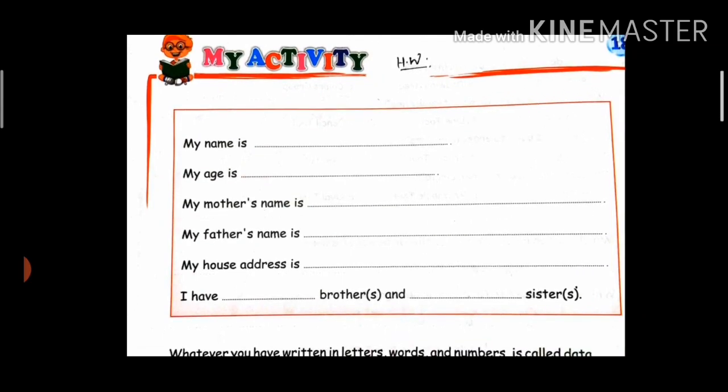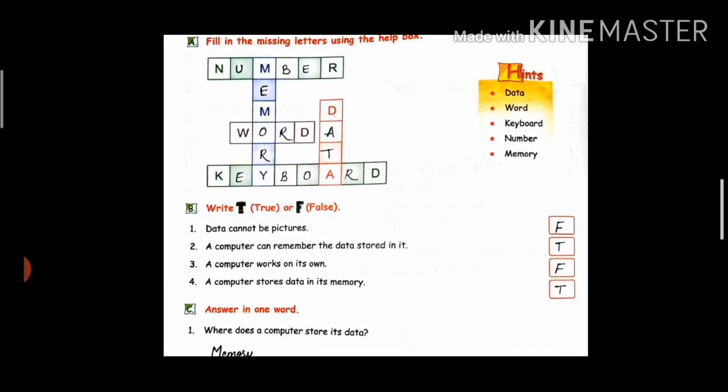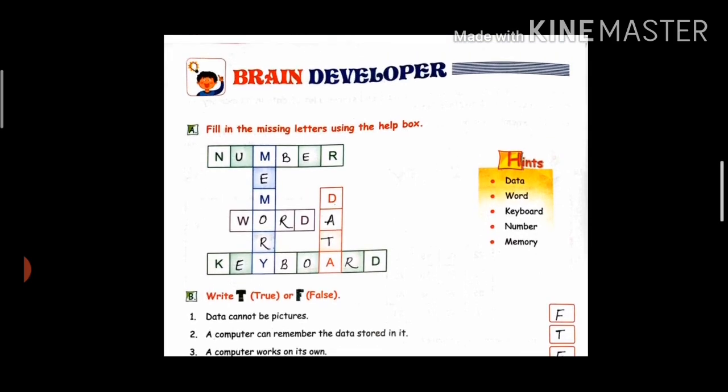Now let's come to the next page. Kindly open page number 56 in your computer textbook and let's see the first question. The first question says, fill in the missing letters using the help box. On the right side of the question, you have one hint box with some words given.